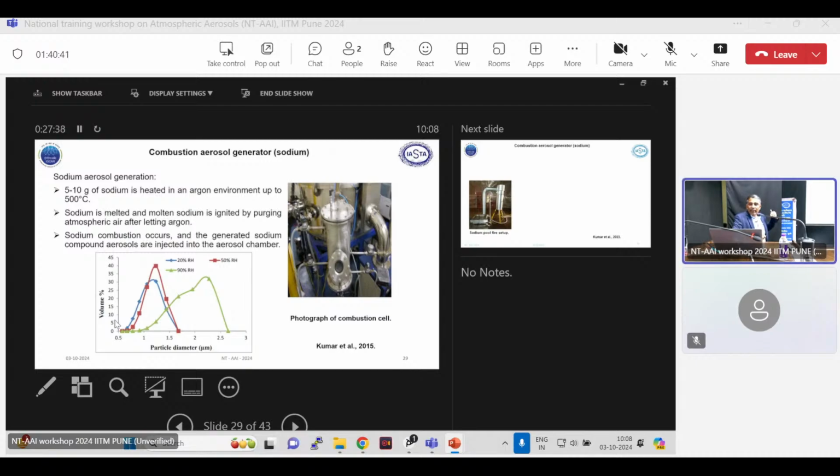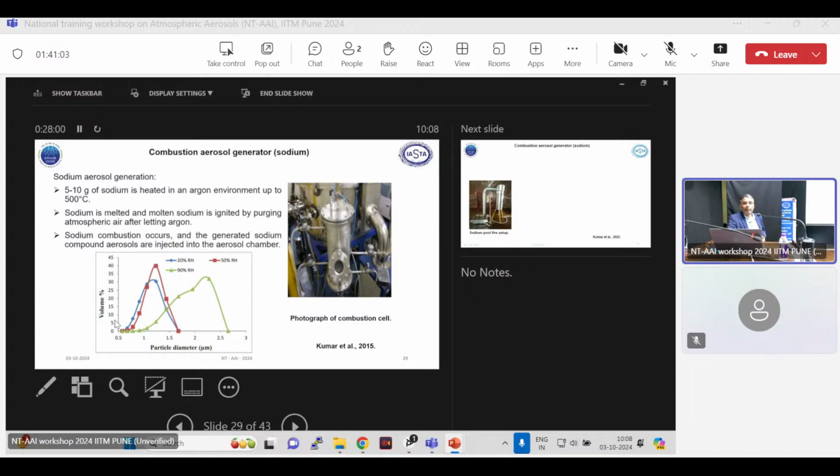Then the argon, whatever inert environment is there, we let out from one wall. Then once we purge atmospheric air into this combustion cell, the sodium and oxygen reaction starts. This sodium oxygen reaction is an exothermic reaction, so we liberate heat.